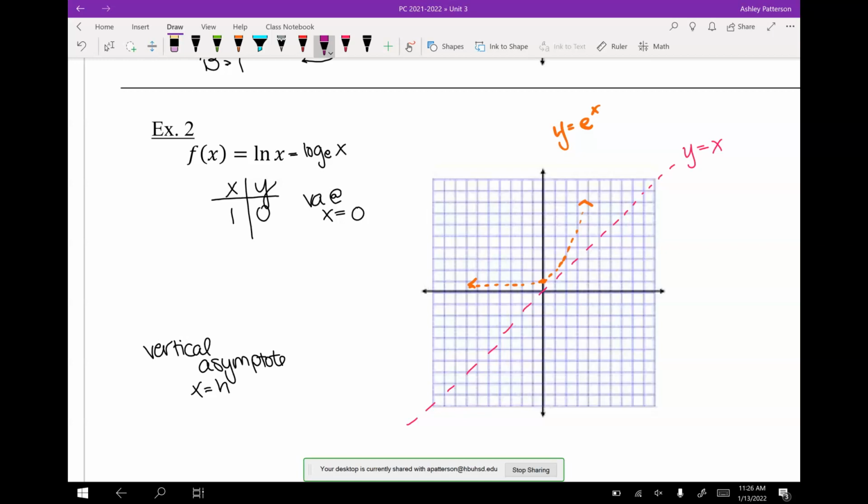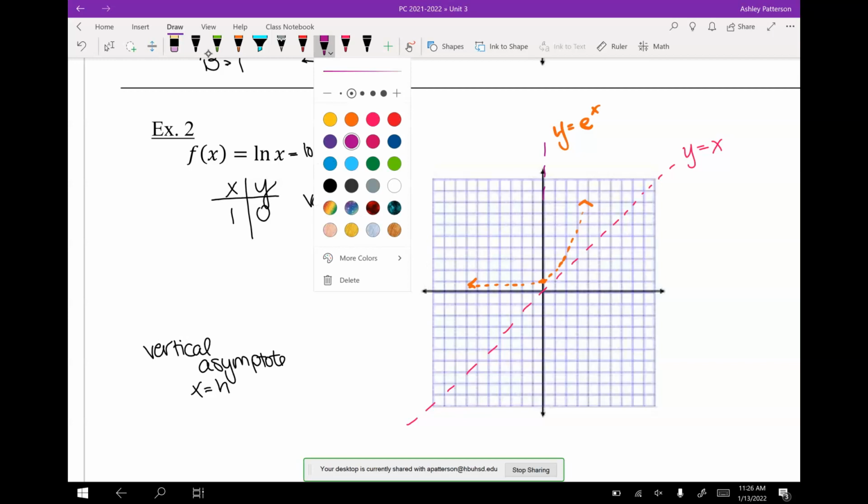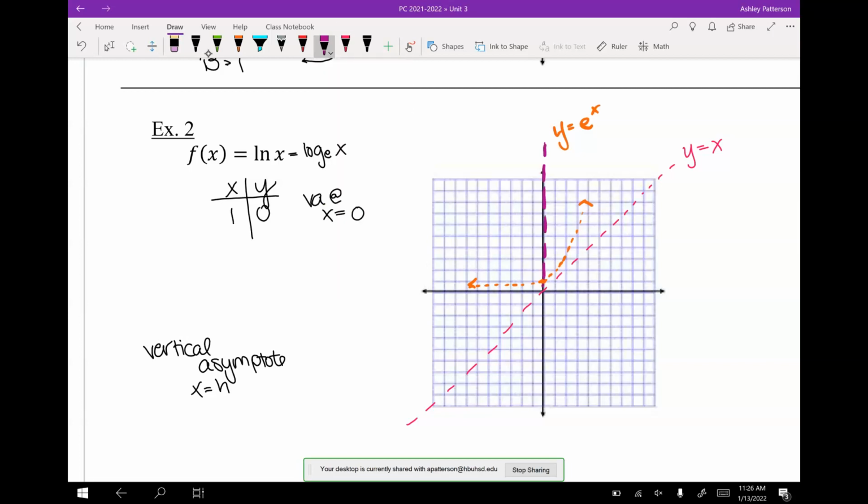Now we know that the natural log of x has a vertical asymptote at x equals 0. So I'm going to go ahead and draw that in. We know that it has a point at 1, 0. The thing we don't really know is the shape of it.